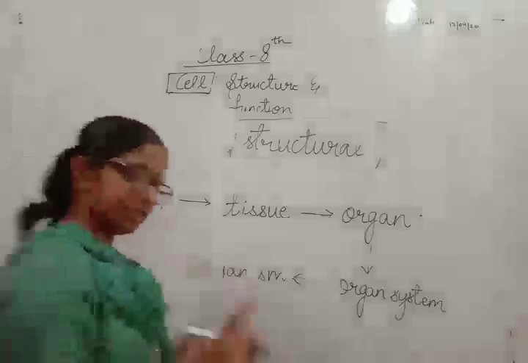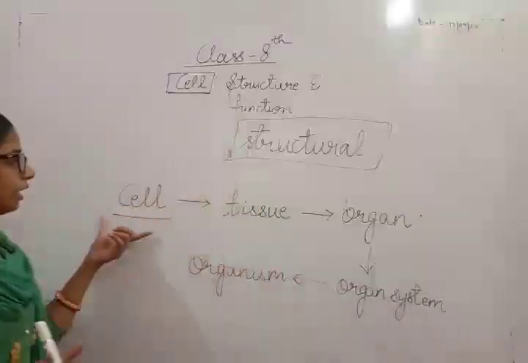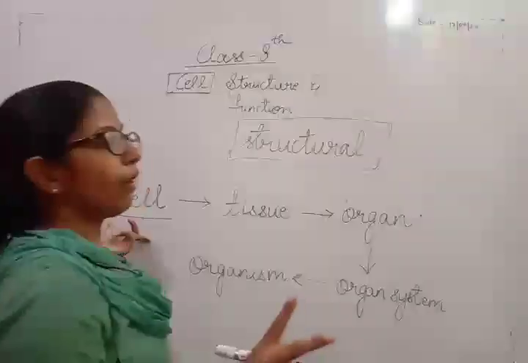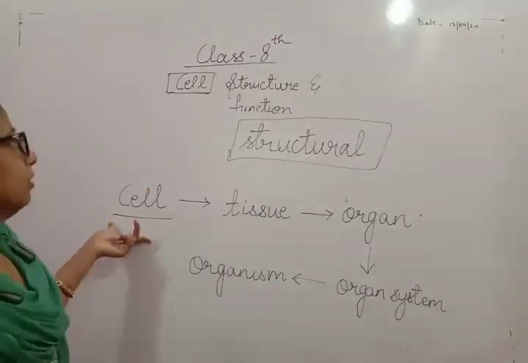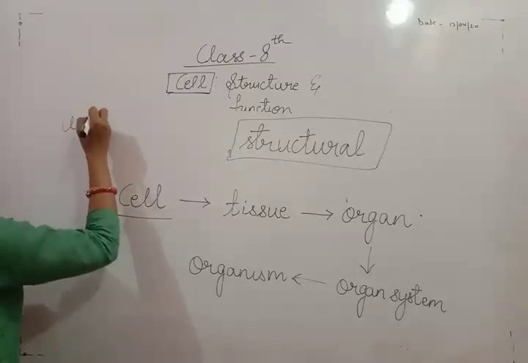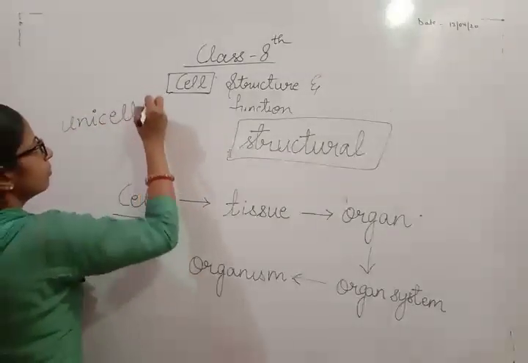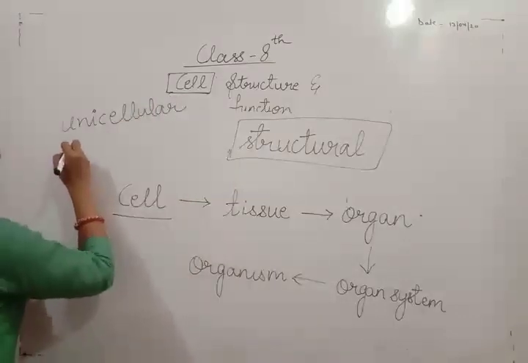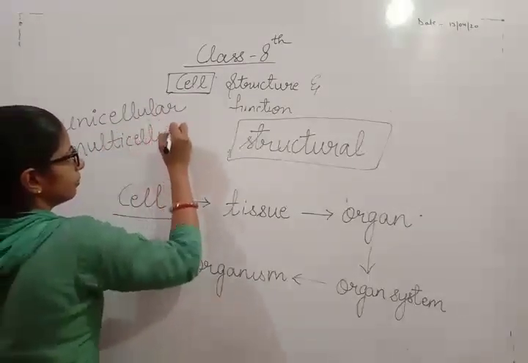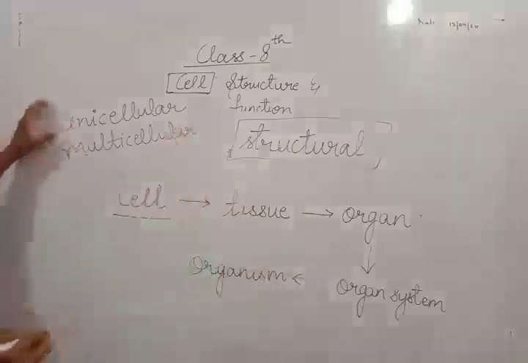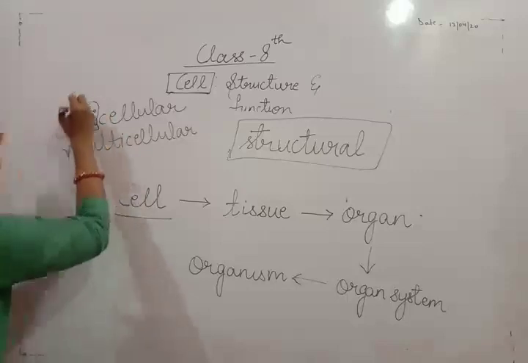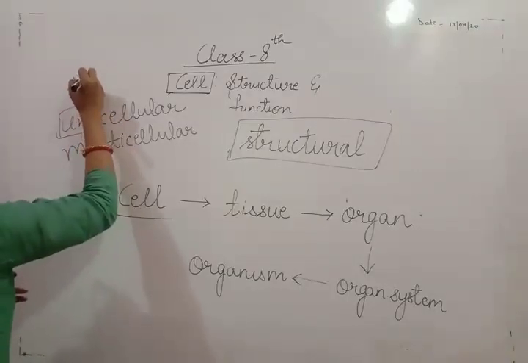On the basis of the number of cells, an organism can be divided into two types: unicellular and multicellular. Unicellular organisms, as the name suggests, uni means single.